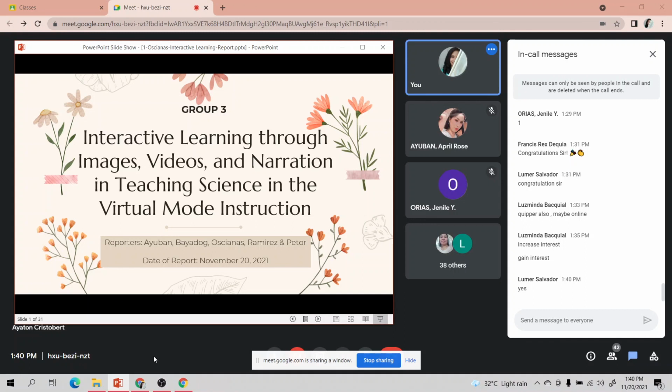So we are now on the third group, which will discuss interactive learning through images, videos, and narration in teaching science in the virtual mode of instruction.